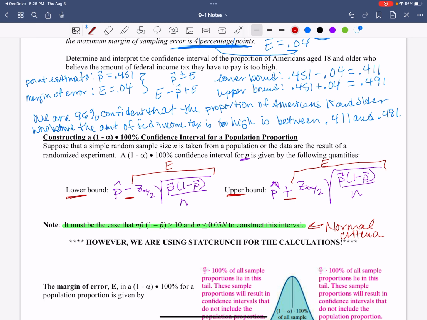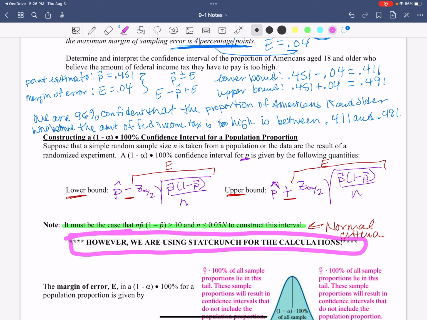you may look at these formulas and you're like, what are you doing right now? Guess what? Welcome to your best day ever. We are going to let StatCrunch do these calculations. StatCrunch is going to do the calculations for us, but I want you to know these concepts.